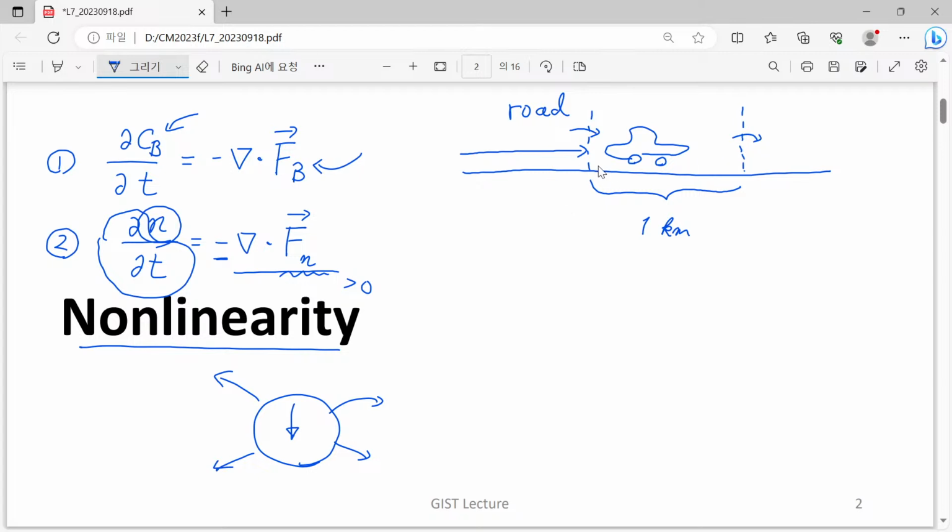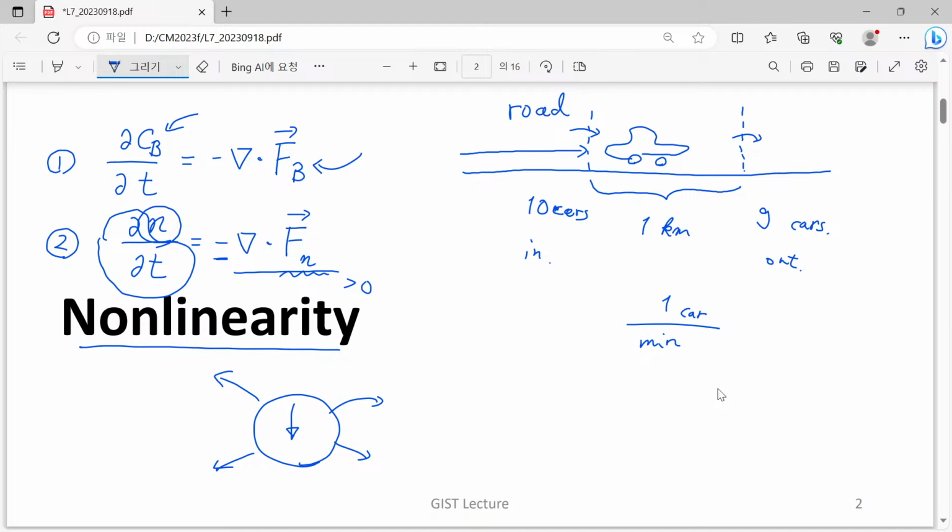If we have just a unidirectional car flow, then for example in 1 minute, if there are 10 cars incoming and 9 cars outgoing, then given 1 minute you will have a net increase of 1 car.